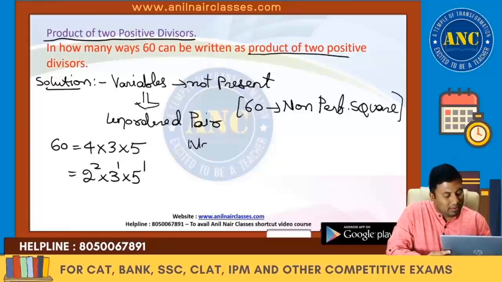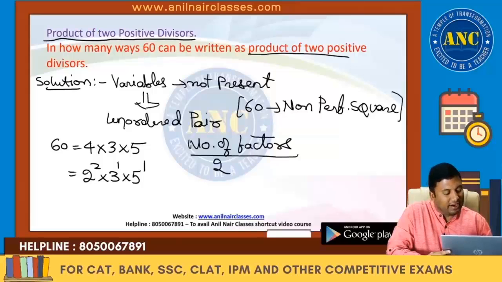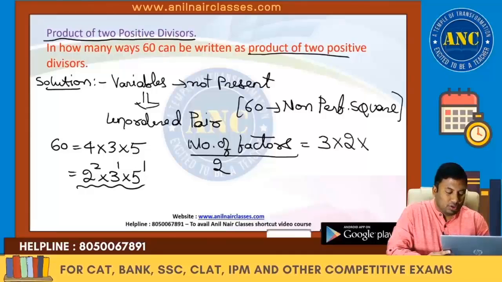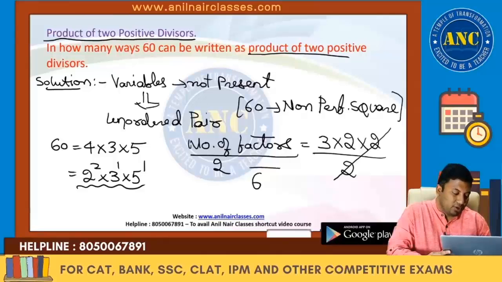Logic is nothing but number of factors divided by 2. Number of factors for 60 will be 2 square means 0 to 2, 3 cases, 0 to 1, 2 cases, 0 to 1, 2 cases, divided by 2. The 2s cancel, 3 twos are 6.